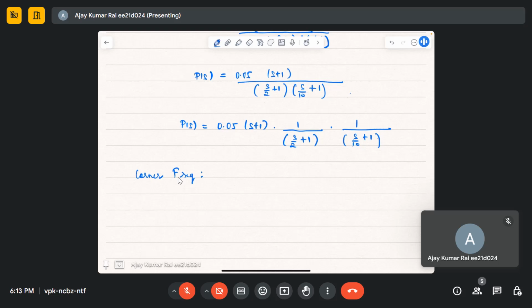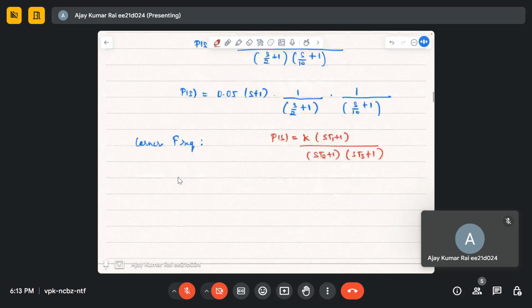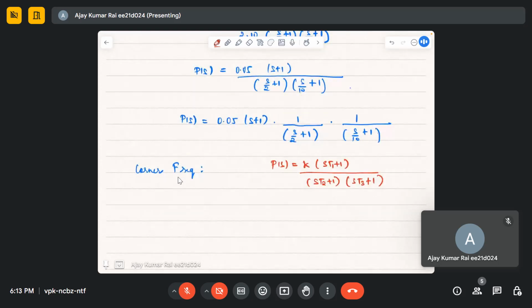If you remember what we have studied, a transfer function of this form: K times (sT1 + 1) over (sT2 + 1)(sT3 + 1). It is of this type, right? So how to find the corner frequencies?